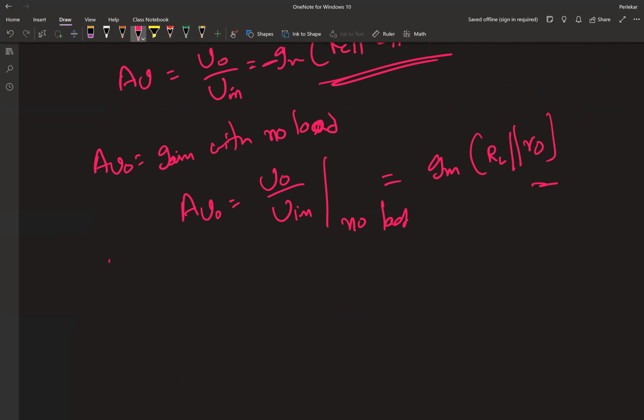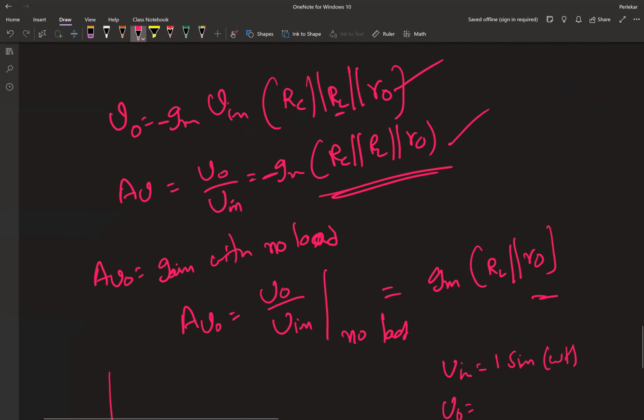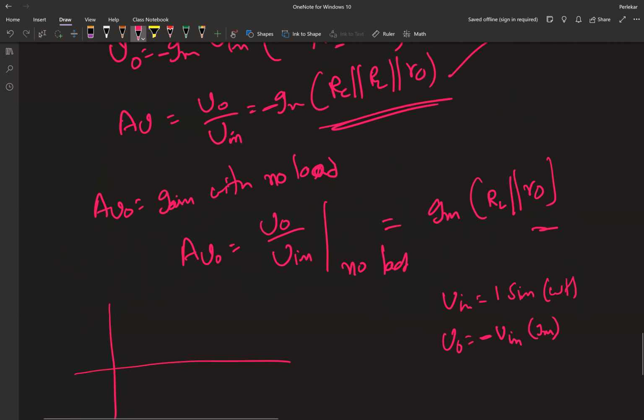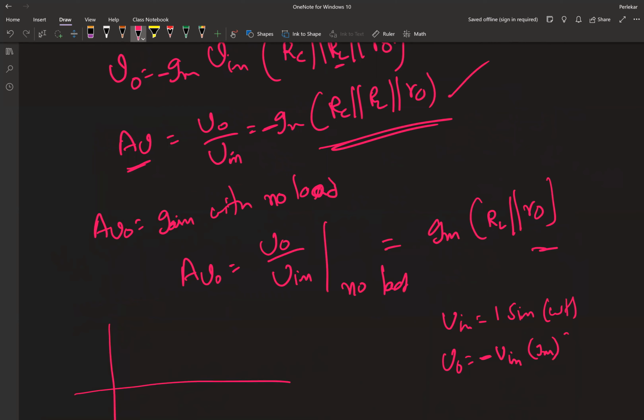So if your input is, for example, 1 sine omega t, based on this I can tell the output is approximately 100 times more than the input. So it's negative V input times GM times, I'm looking at AV, GM times RC parallel with RL parallel with R naught.